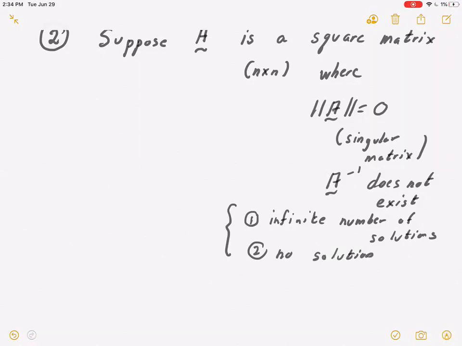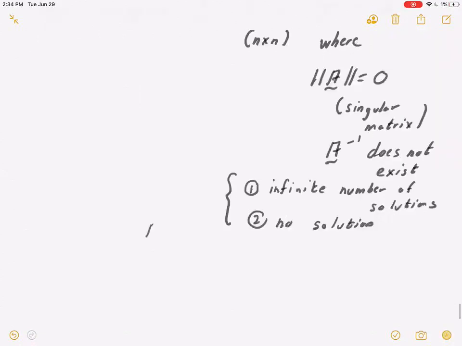And this makes sense with respect to case 1.